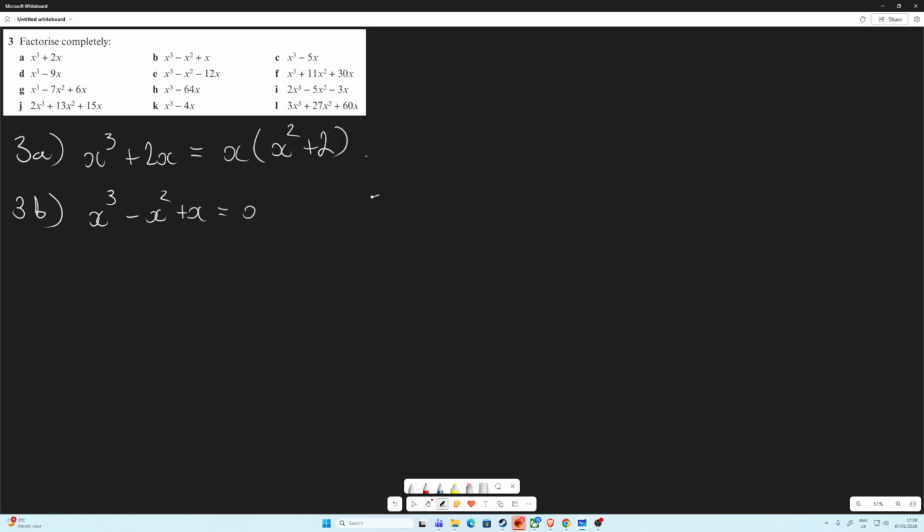Let's take the factor of x out, left with x squared minus x plus 1. Okay, I need two numbers that multiply to 1 and add up to negative 1. I don't think we have two numbers like this.